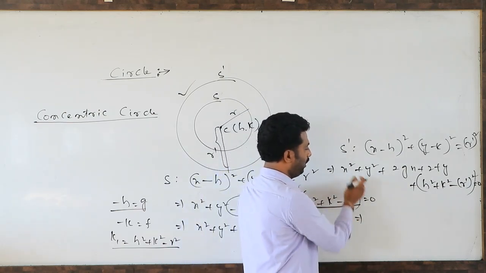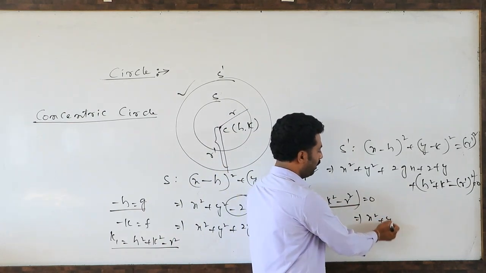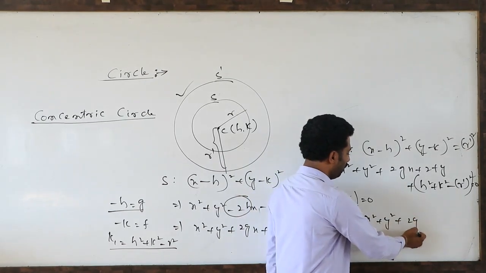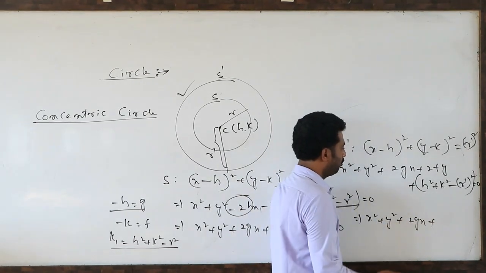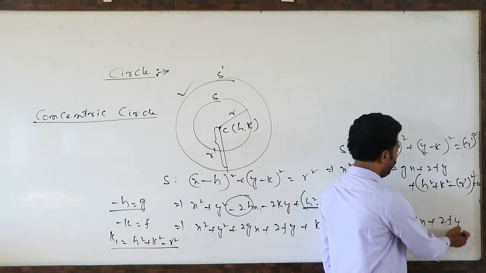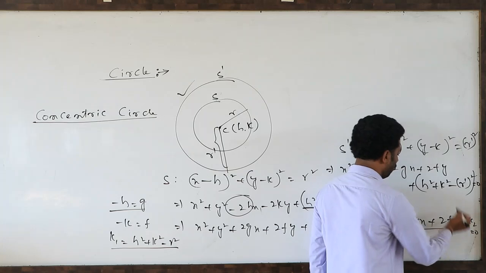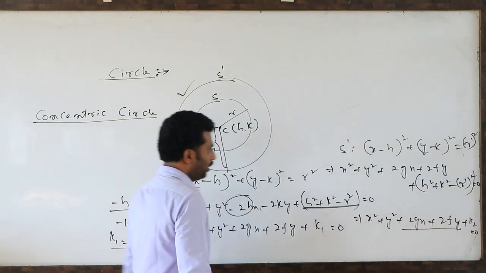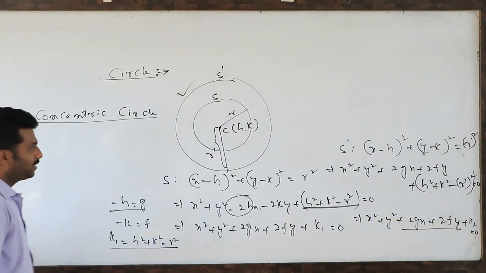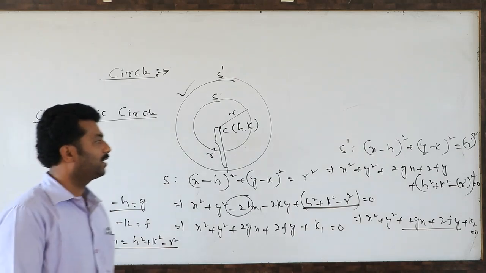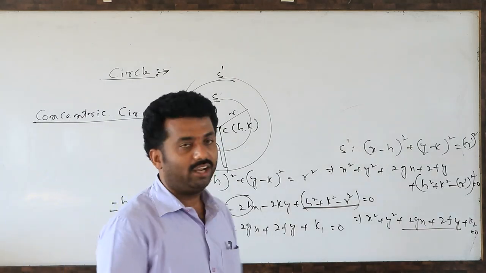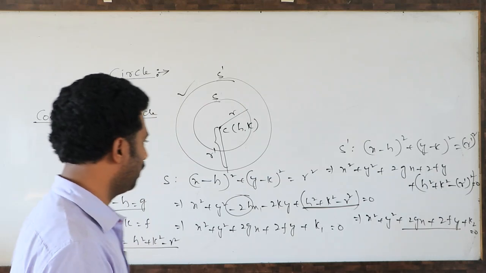You observe this equation, how to represent: x square plus y square plus 2gx plus 2fy plus k2 equal to 0. What do you observe? No doubt about it, S and S dash both are concentric circles. They have the same center. Then what do you observe?